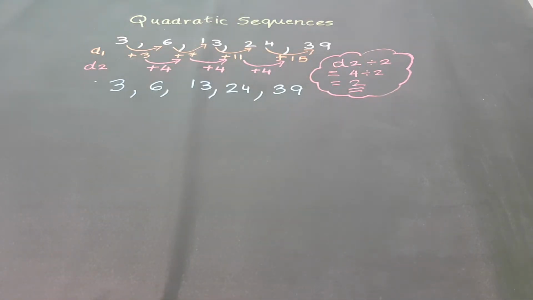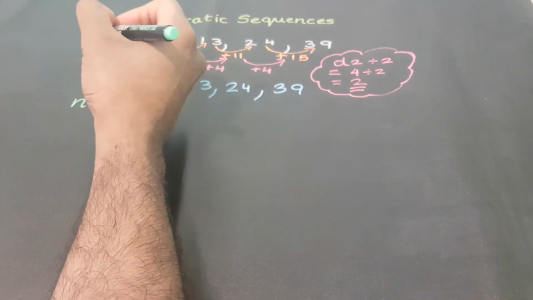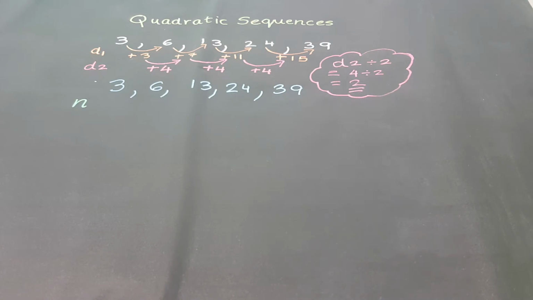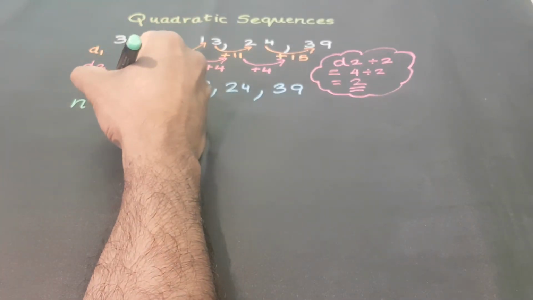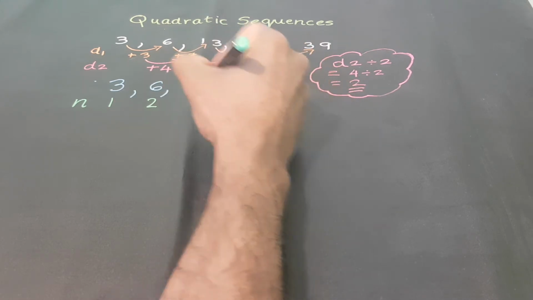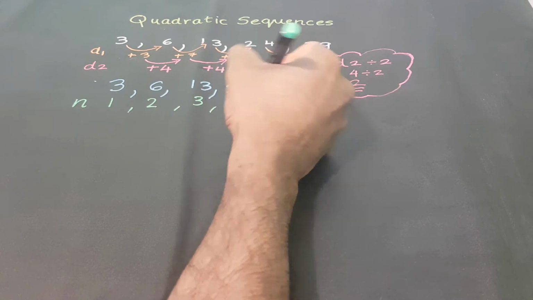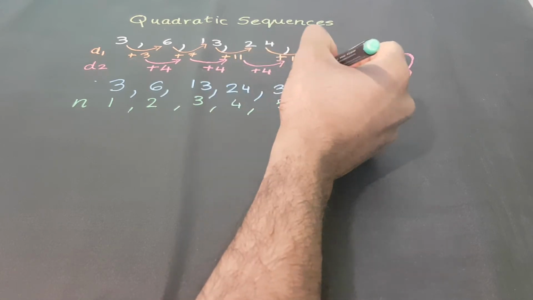And now I shall number these terms. So n stands for term number, as we know from the previous videos. So 3 is my first term, 6 is my second term, 13 is my third term, 24 is the fourth term, and 39 is the fifth term.